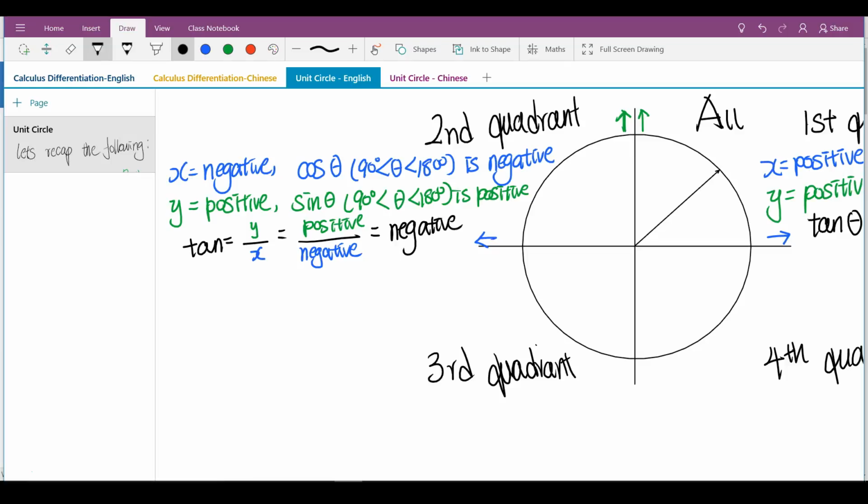So therefore, tan theta, given that theta is less than 180 and bigger than 90 degrees, is negative.